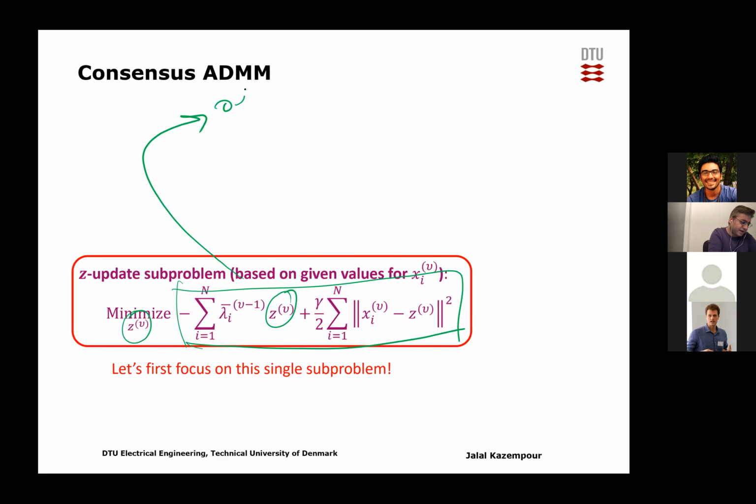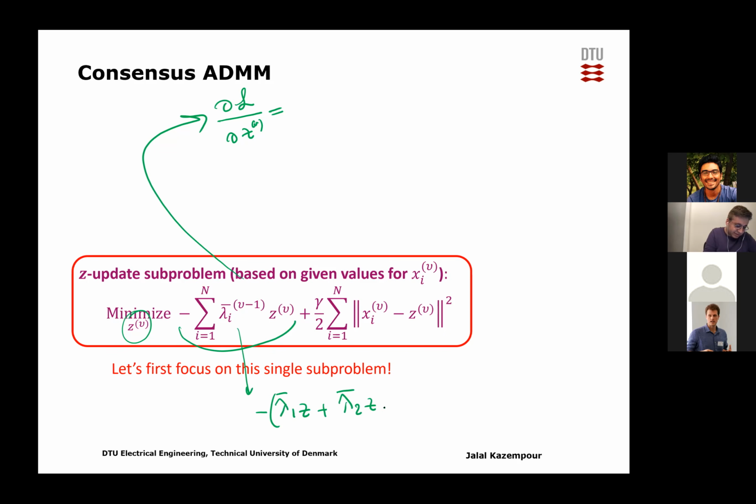So the derivative of the Lagrangian function with respect to z in iteration nu will be simply equal to, maybe you can help me. From the first term, it looks like this: minus lambda 1 z plus lambda 2 z plus and so on. If we take derivatives of z, it would be just minus the summation of all lambda bars. So it's minus sum over i from 1 to n of lambda i bar in the previous iteration.